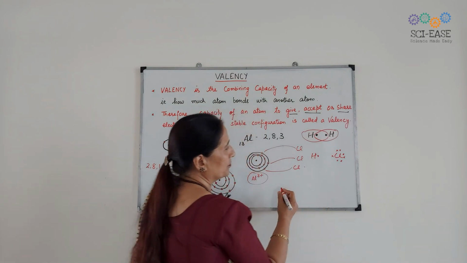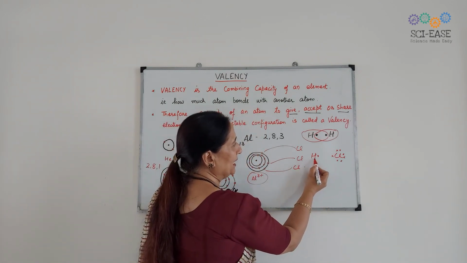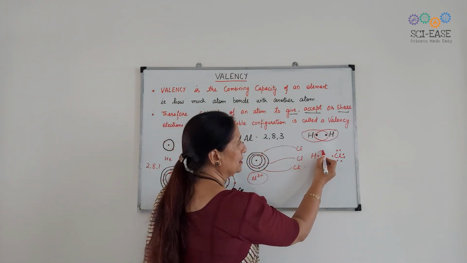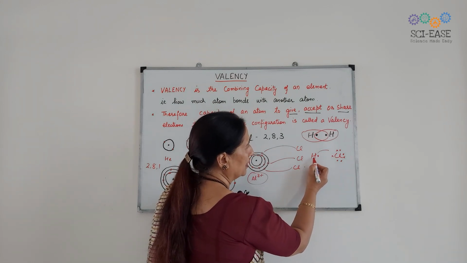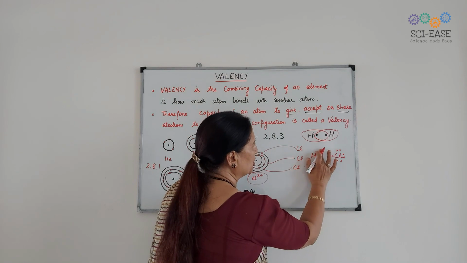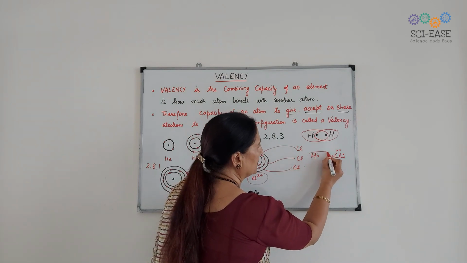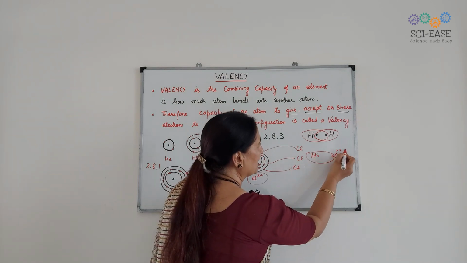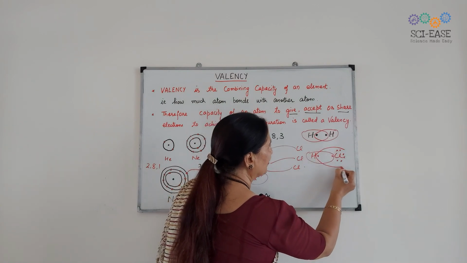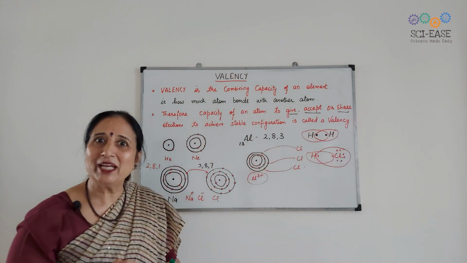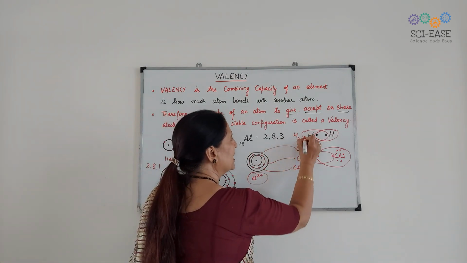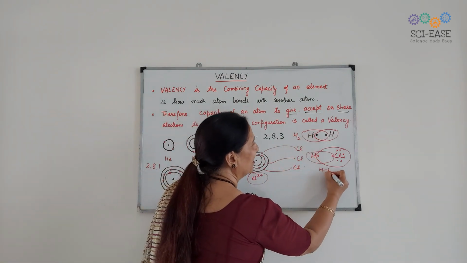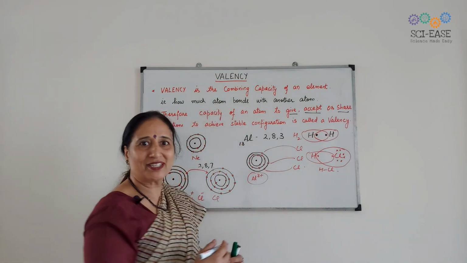Hydrogen has 1 electron, it will share this electron, and chlorine will share this electron. Result will be the formation of HCl. Here H2 will be formed, and here HCl will be formed.